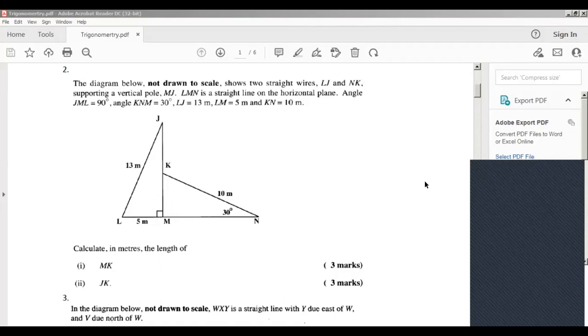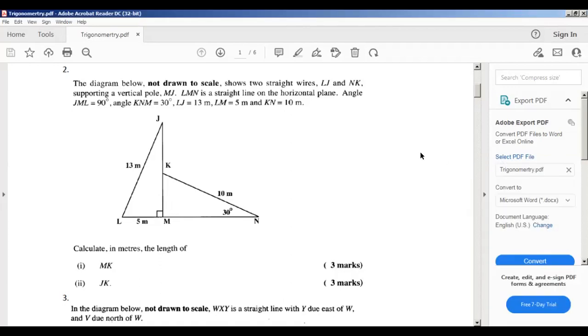Yes, sir. I can see it properly. Okay, one person is seeing properly. I don't know what the problem is. We can't figure out why. So that's okay.